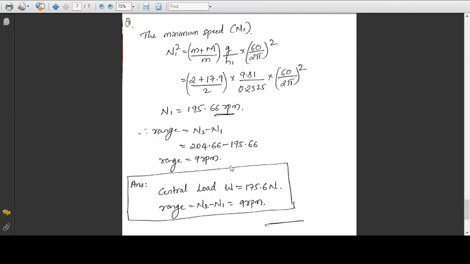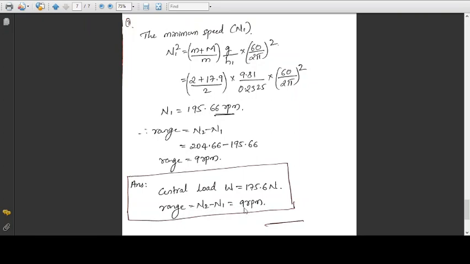After calculating what they have asked, at the end you need to list those answers. The central load W we have got as 175.6 Newton, and the range of speed, that is n2 minus n1, is 9 rpm.